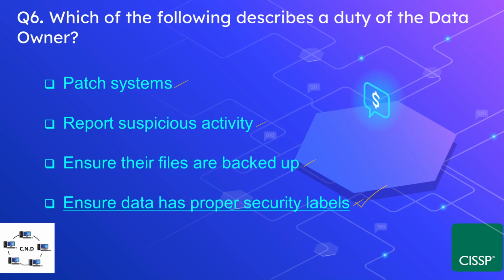The data owner is a managerial role and defines the security label and also the frequency of data backups, while the data custodian is a hands-on role that patches the system.